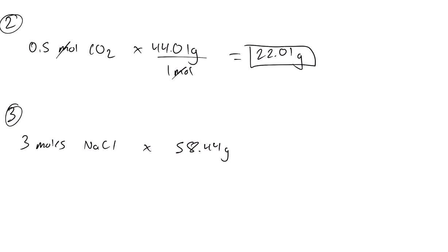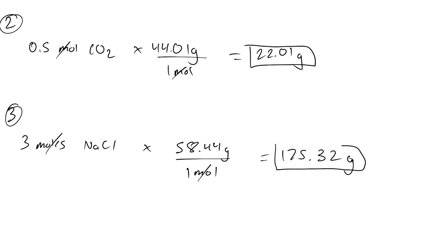So grams is going to be on the top, and we're going to put 1 mole on the bottom. The moles will cancel. 3 times 58.44 is equal to 175.32 grams. So 3 moles of NaCl is 175.32 grams.